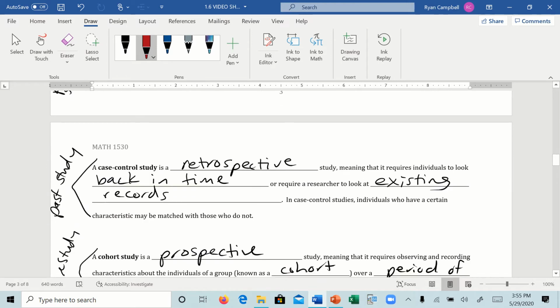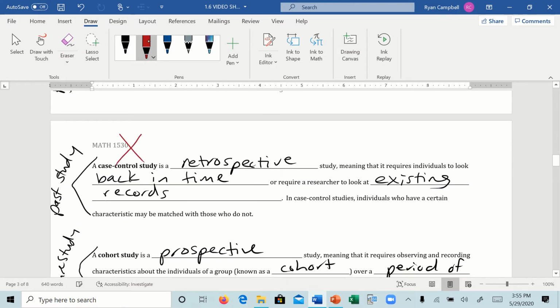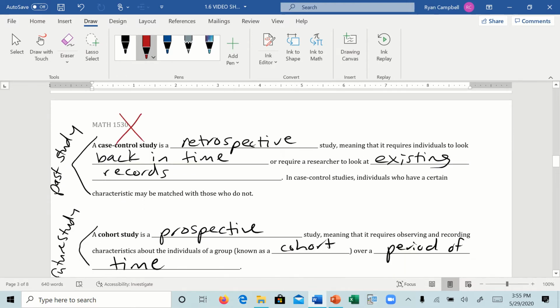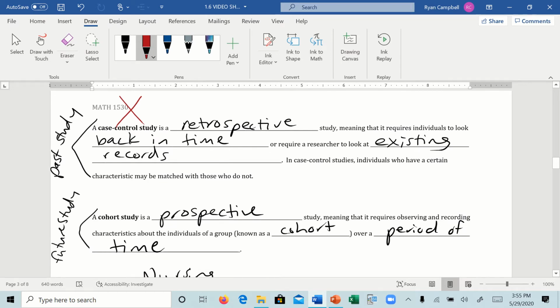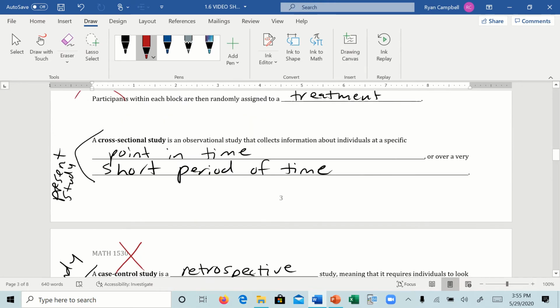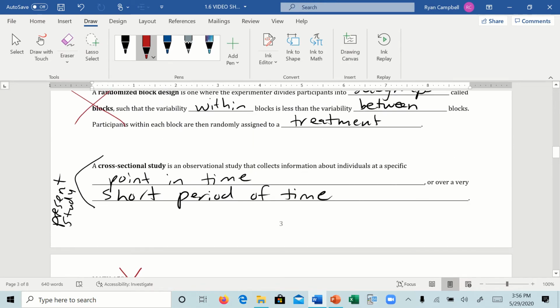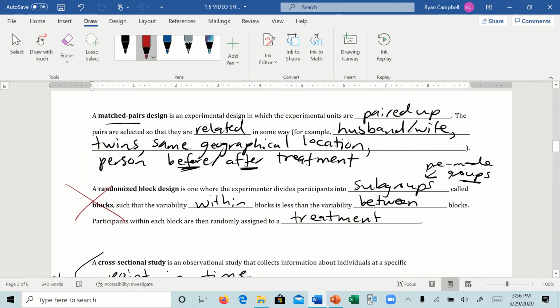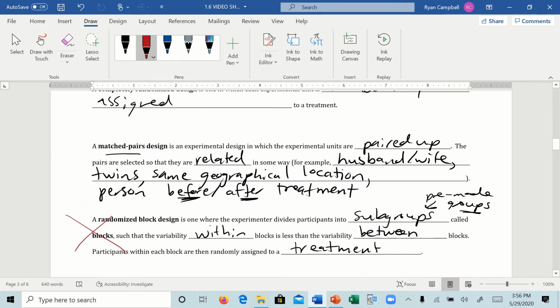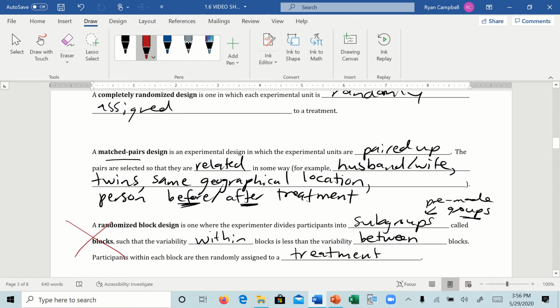All right. It's definitely not a case control study. We're not looking back in the past. It's not a cohort study. We're not doing anything in the future. It might be a cross-sectional study, but maybe there's a better explanation. So let's think about matched pairs, right? So matched pairs pair people off or pair the same person before and after treatment.